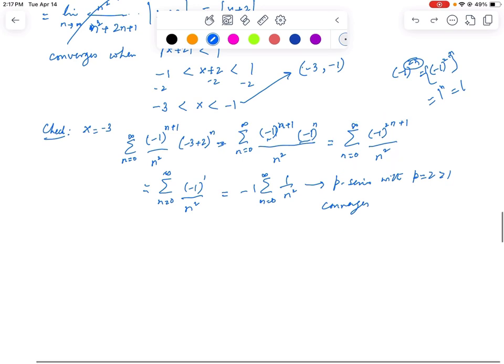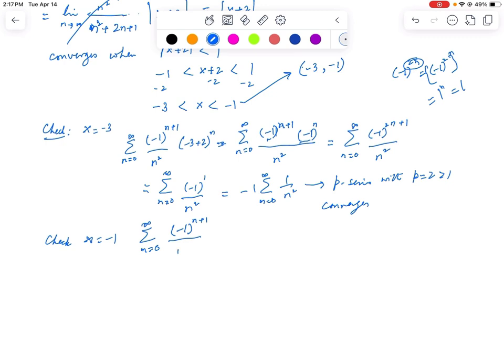We now check the other endpoint, which is negative 1. So when I plug in negative 1, this we already have. Now we had an x plus 2.